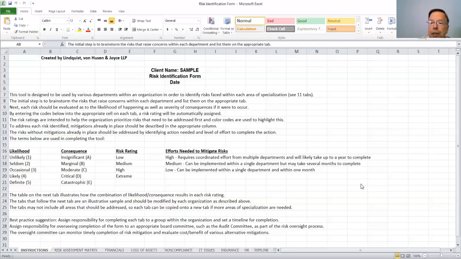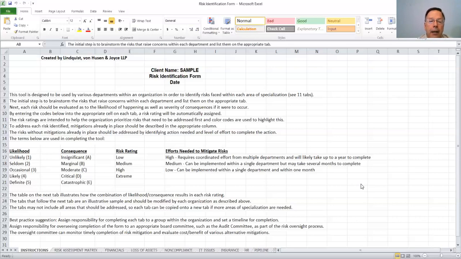And we've used some color coding, using conditional formatting in Excel here. So the risk rating automatically pops in, everything from yellow, green, meaning low risk, to very bright red, meaning very high or extreme risk. And so you can see at a glance which are the risks that are the most significant to be addressed first.